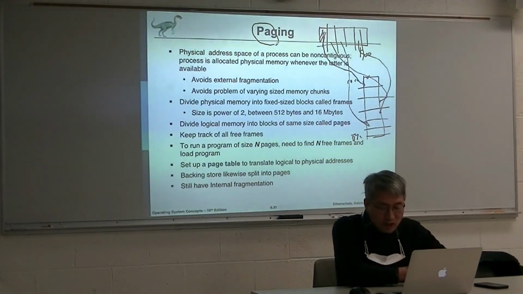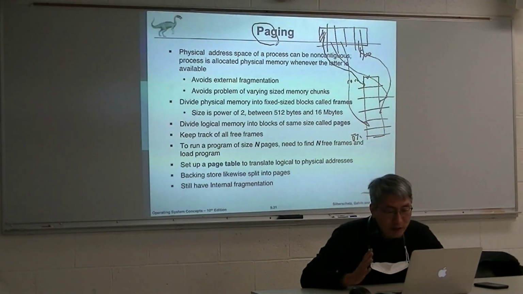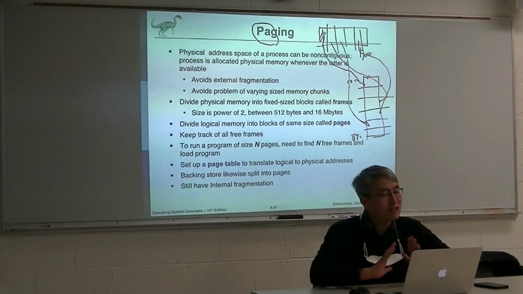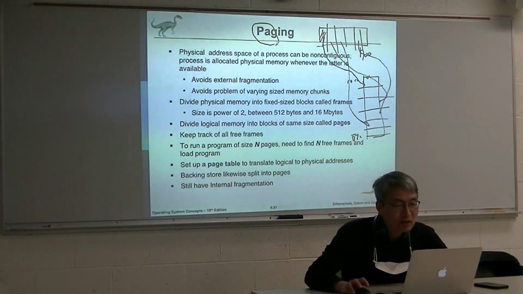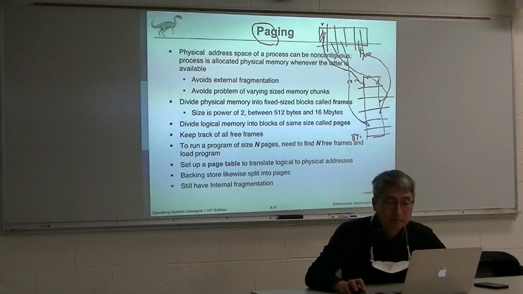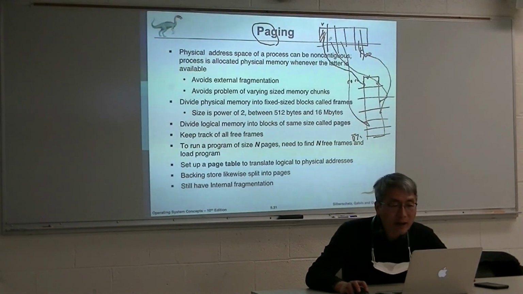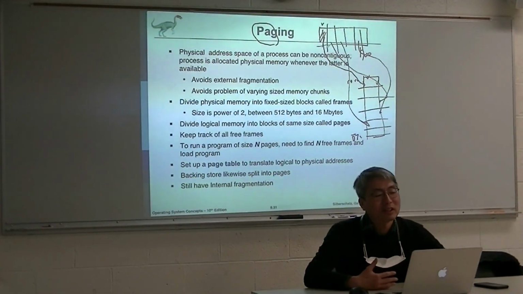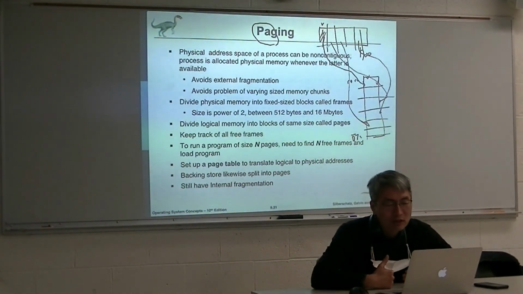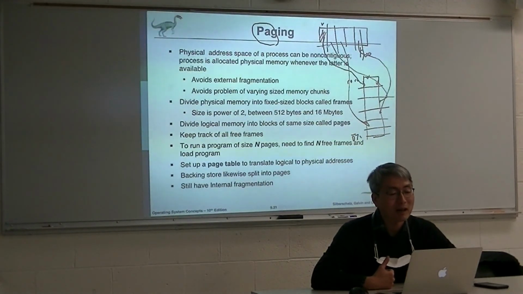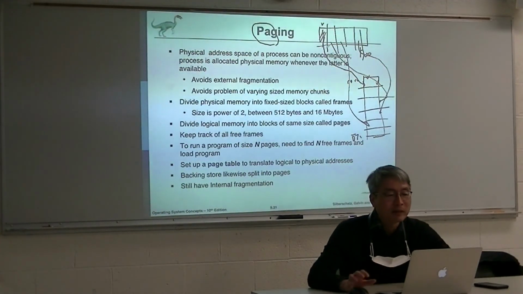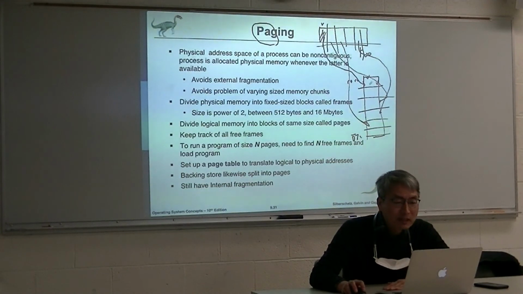That makes sense. If the process and the physical memory use different units, it doesn't make sense. So we are going to use the same fixed size, then allocate page by page. It doesn't have to be contiguous. Instead, page by page allocation. At this time, the physical memory unit is called the page frame.